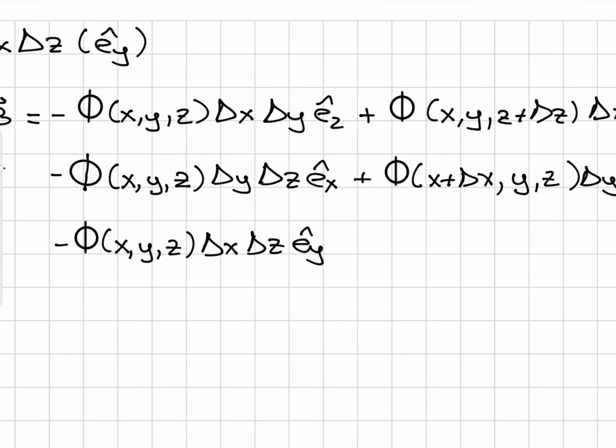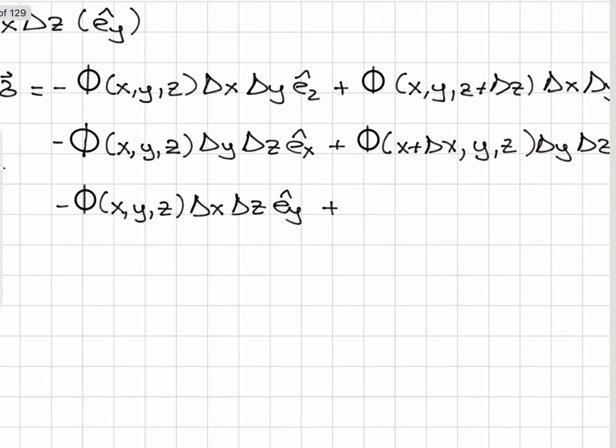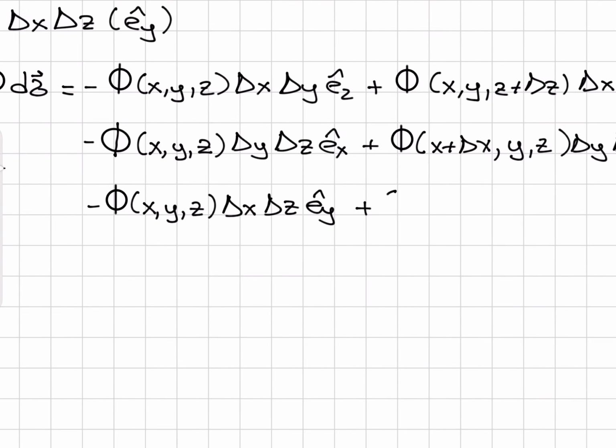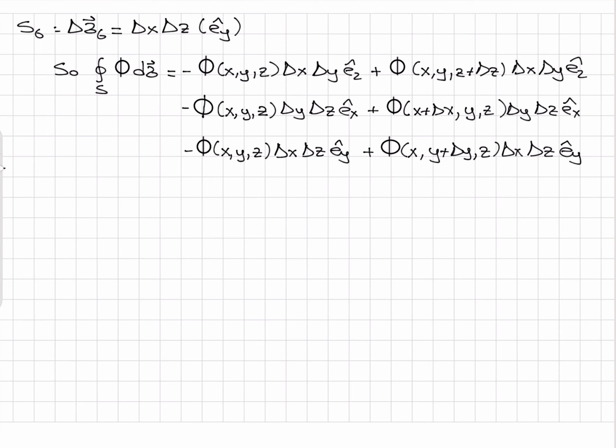And then I'm going to surface 6. Surface 6 is here. I moved on the y-axis to y plus delta y. So this will be phi evaluated at x, y plus delta y, z, delta x, delta z in the plus e_y hat direction.